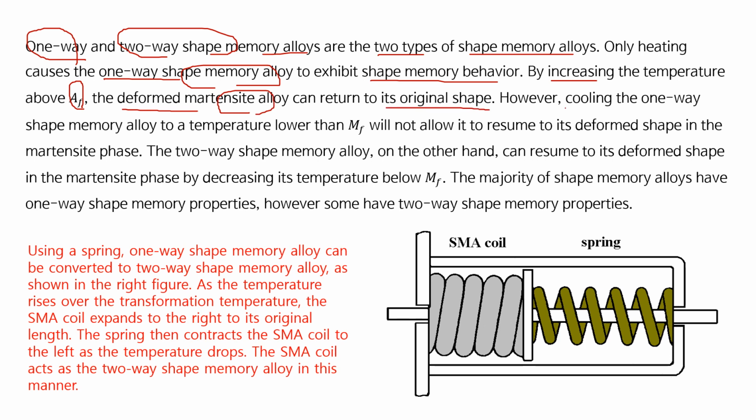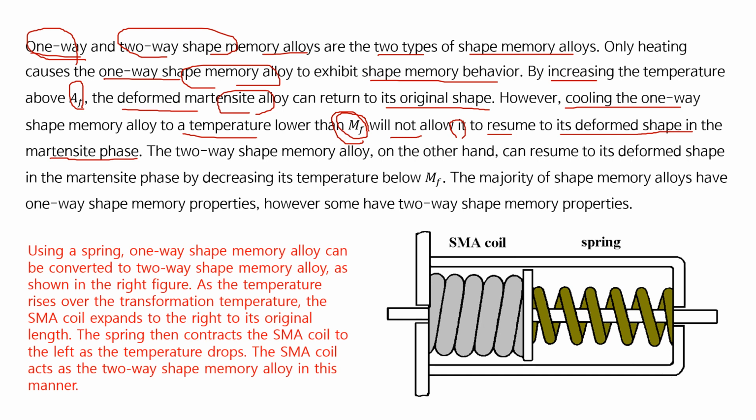However, cooling the one-way shape memory alloy to a temperature lower than the martensite finish temperature will not allow it to resume its deformed shape in the martensite phase. So that is the property of one-way shape memory alloy.